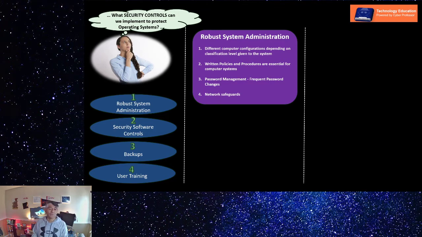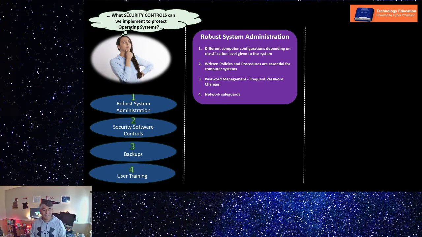The creation of written policies and procedures to protect computer systems, in the form of what software highly critical systems will receive and will be approved to be installed on them. That particular list will be written in a policy or procedure that is part of the company's documentation.